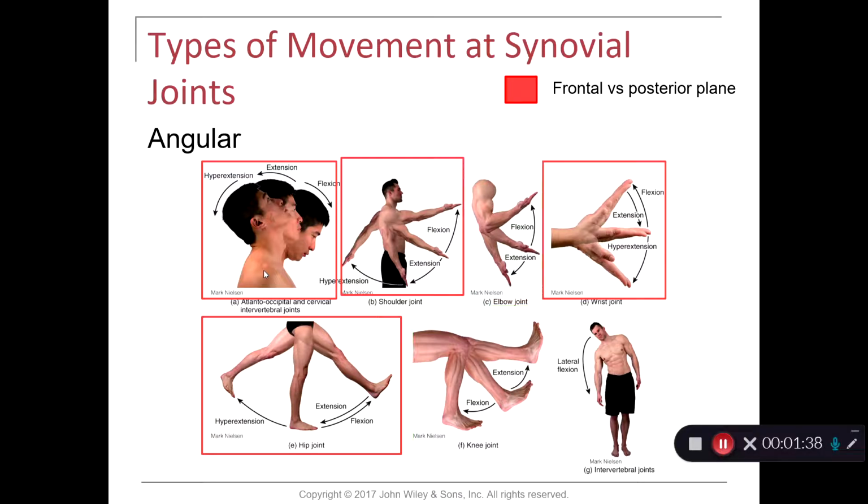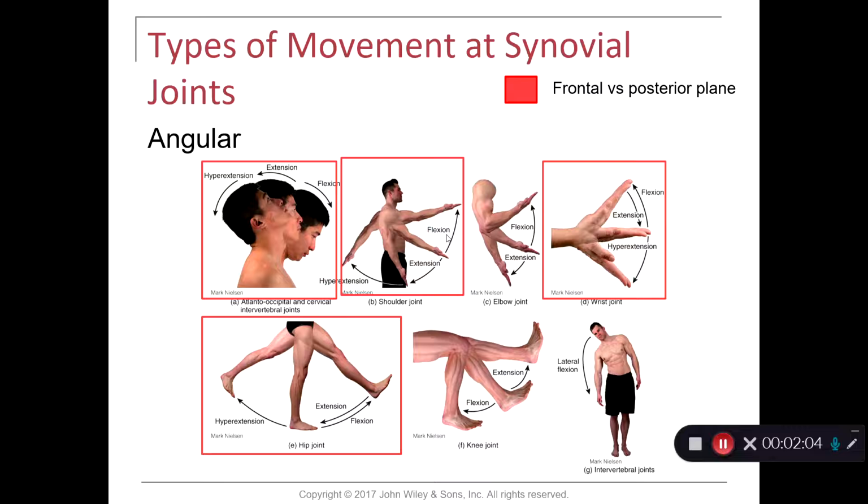Let's go ahead and focus in on the red ones first, though. You're going to notice that when you put your head, your arm, or your leg in front of the anatomical position plane, then you are flexing.